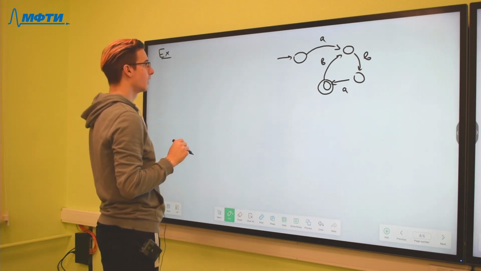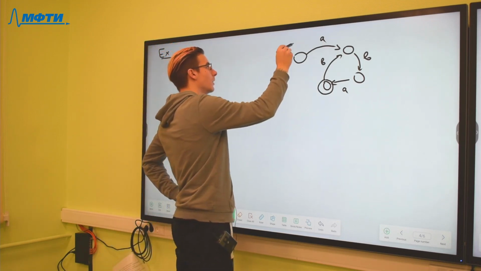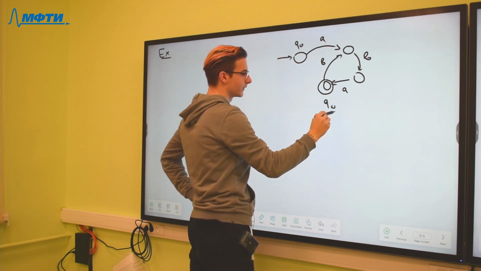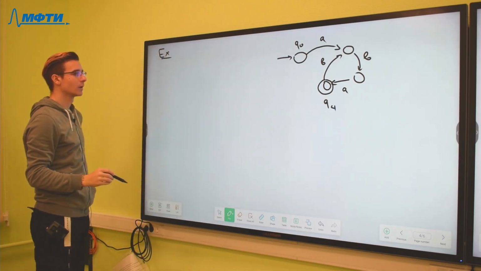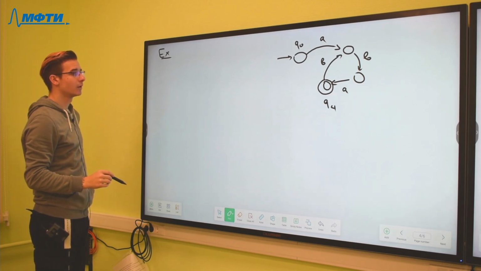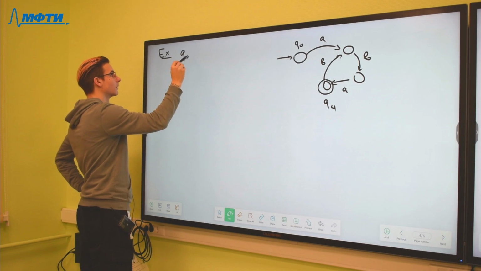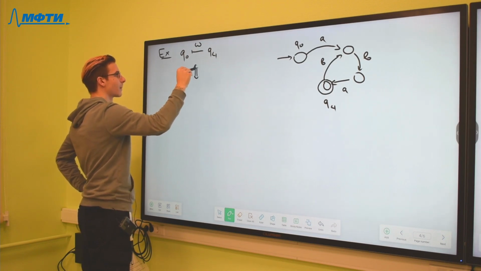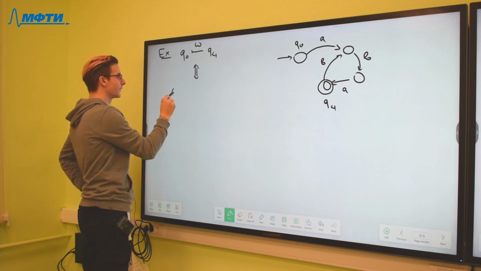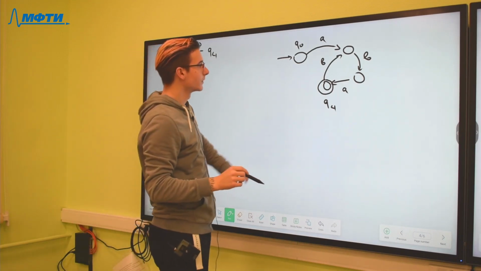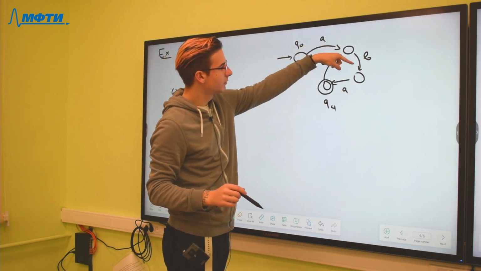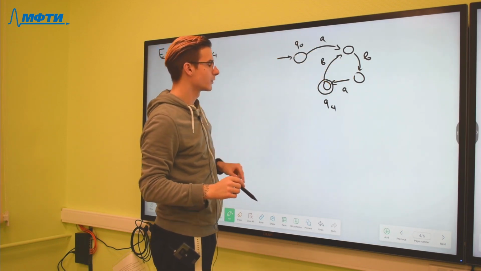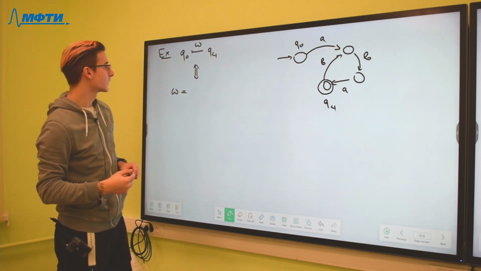So if we try to imagine how we can start with this vertex and end with this vertex, we understand that all the words that start with this vertex and end with this vertex have a structure equal to a prefix with the characters A, B, A. It is the unique path from Q0 to Q4 without cycles in it.